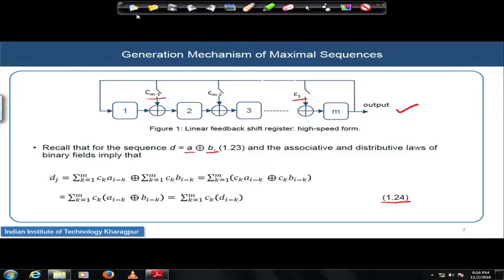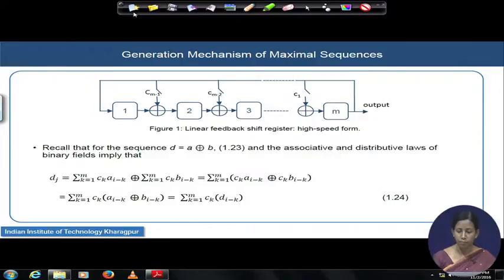So the jth stage value of the newly generated sequence D can be constructed by a linear recurrence of the stage values stored from the I minus K instant, multiplied by their corresponding weight values, or the switch values. This was an important observation with which we ended the last module.